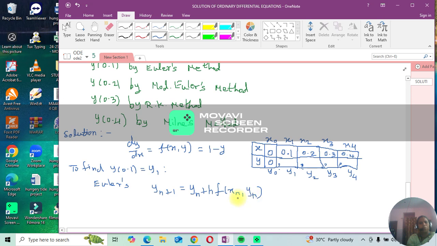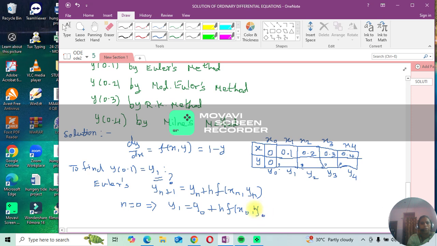Okay, now what is the point we need? We need to find y1. So y1 means we have to substitute n equal to 0. By substituting n equal to 0, we get y1 is equal to y0 plus h into f of x0 comma y0.